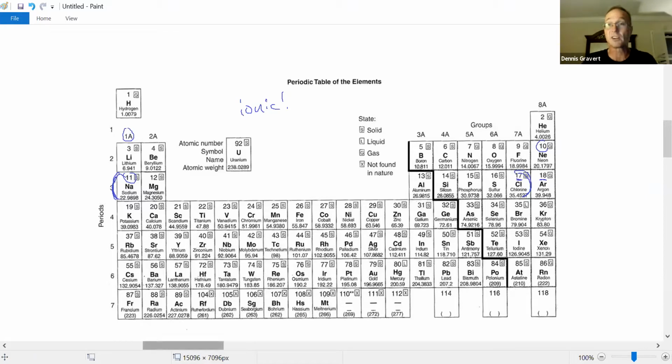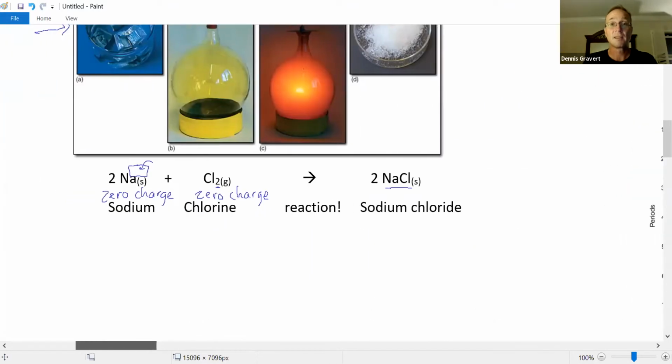Okay, I was looking for charges and we found them. So in one formula unit of NaCl, the Na is a cation with a +1 charge, and chlorine is an anion with a -1 charge. And so, yes, we did have an electron transfer take place. We started with the sodium with no charge.